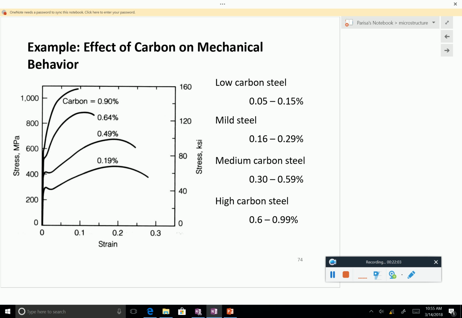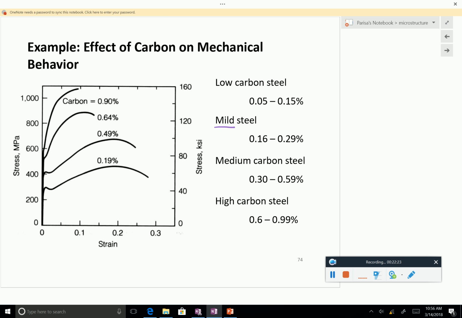Look at here. We have terms to describe the steel. When you talk about mild steel, it means that the percentage of carbon is low. Then you have medium and high carbon steel.